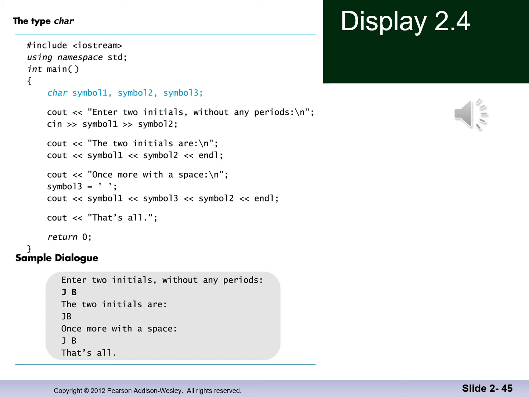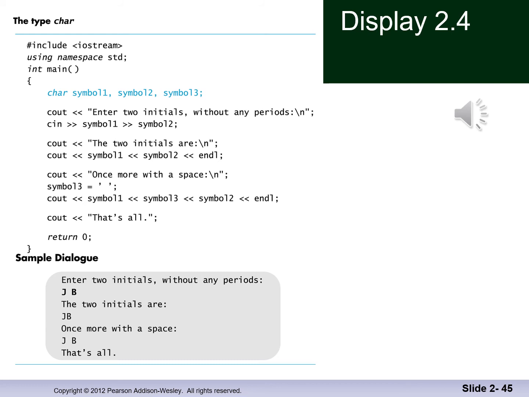Then we use cout to say the two initials are, new line, and then cout symbol1, symbol2, endl. Remember, that is going to butt those two initials right next to each other. So then, cout once more with a space.